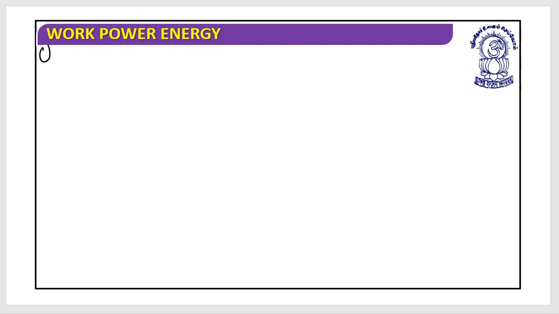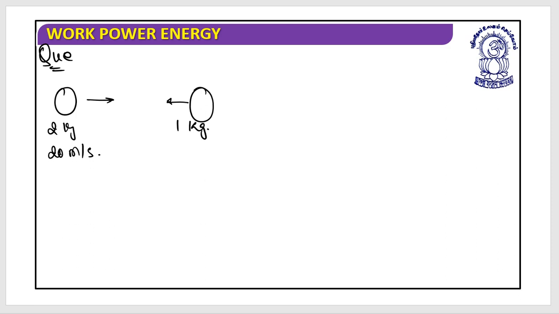Let's suppose the next question says that this is the first body, mass 2 kg, moving with 20 meters per second in this direction, and this is the second body, moving in this direction. This is 1 kg and it is moving with a speed of 10 meters per second. At a certain instant they are going to collide.